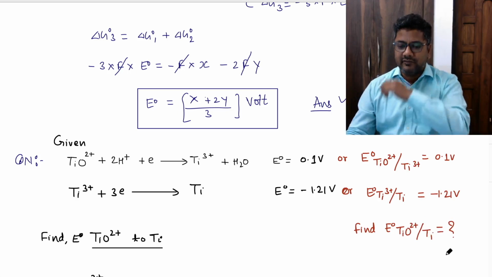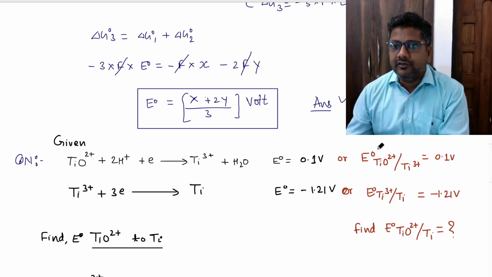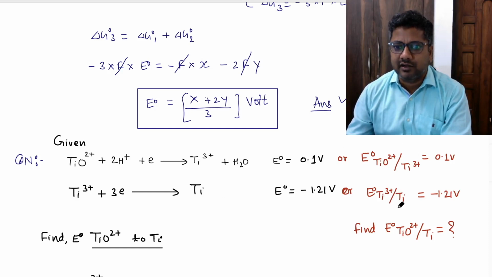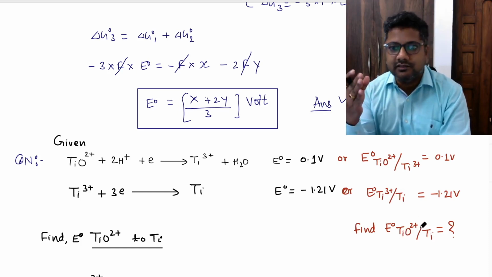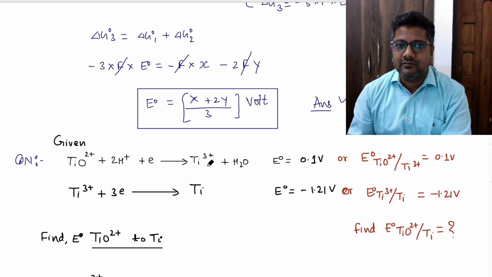So sometimes the examiner may not give you the complete half reaction. They only give this couple, that this is converted into this, and find the E naught value for the conversion of this into this. In this situation, you have to write the equation like this: TiO2 plus 2 Ti3 plus, and you have to balance.